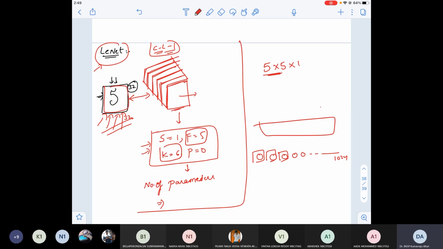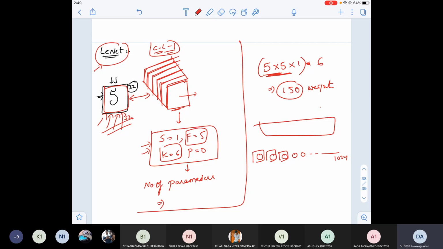Only one channel. There's only one channel in the input image. So 5 cross 5 into 1. And how many such filters are there? 6. So totally 150 weights are required. That's all. Only 150 weights.